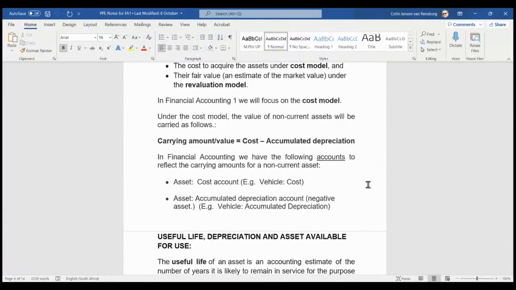property, plant, and equipment item. For smaller items, we'd rather group them together within a category such as vehicles, or plant and equipment, or office furniture. So we'll then have a cost account for that whole category or group of property, plant, and equipment items that are of a similar nature.